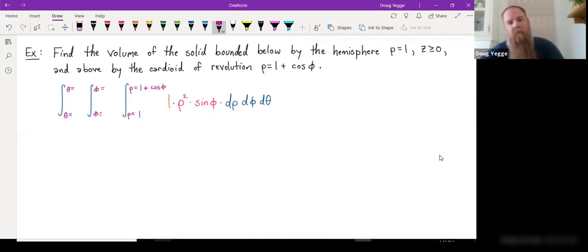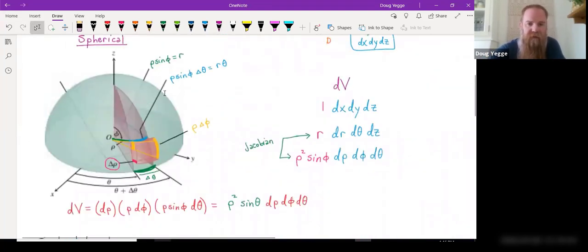Now we can see in another way why we know that 1 plus cosine phi is going to be the top one, but we'll do that in a second. Let's go to our phi values. Now keep in mind that when you're dealing with spherical coordinates, you start with a phi value at the z-axis going downwards.